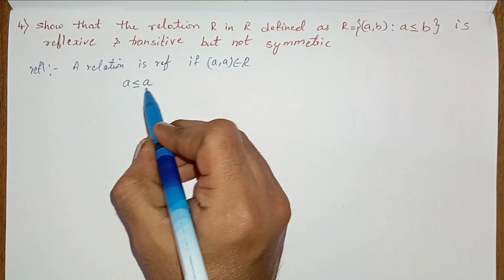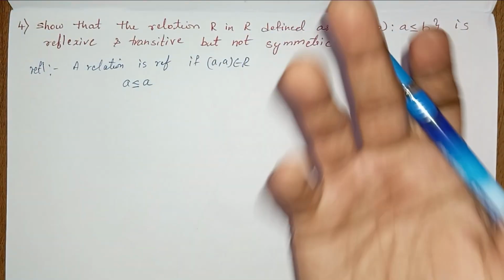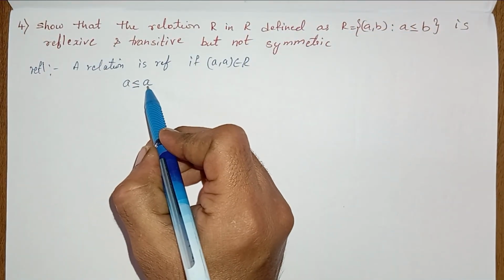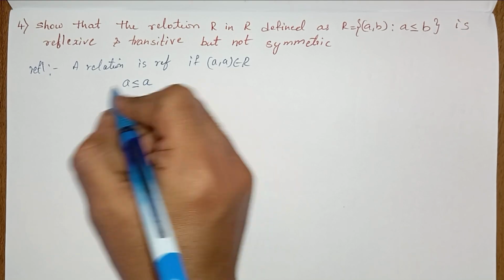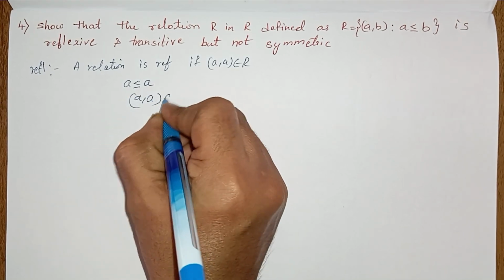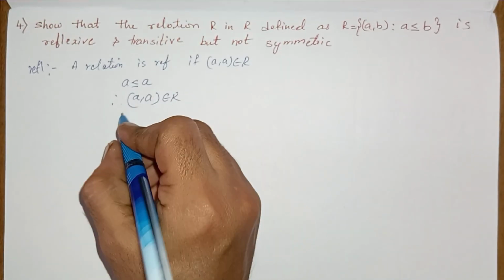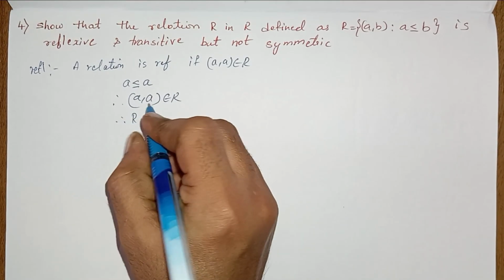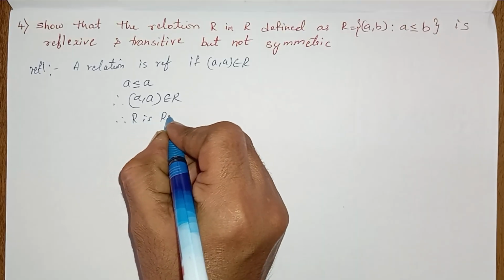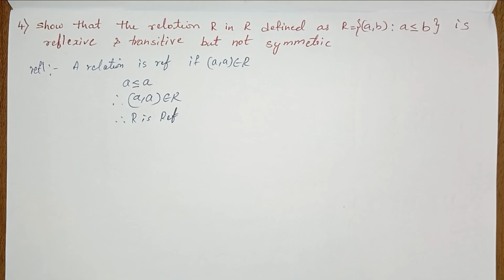You know that a is equal to a, so the number is equal to itself only. So this condition is satisfied, that is a comma a belongs to R. Therefore a comma a belongs to R. So R is reflexive.